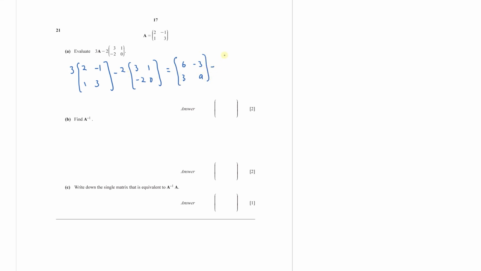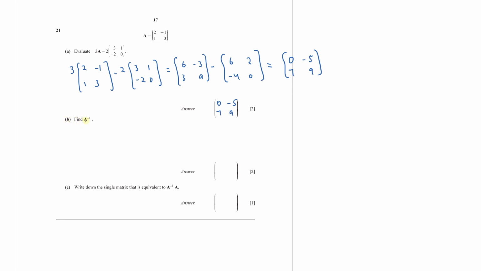And this becomes 2 times 3 is 6, 2, minus 4, and 0. And then if you subtract these two matrices, you get 6 minus 6 is 0, minus 3 minus 2 is minus 5, 3 plus 4 will become 7, and 9 minus 0 will be 9. So you get 0, minus 5, 7, and 9.